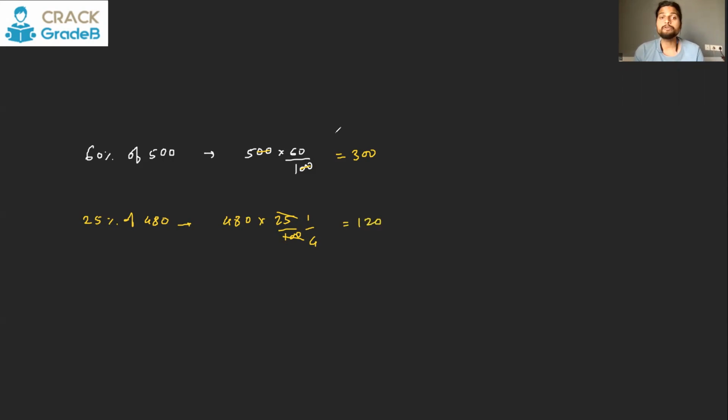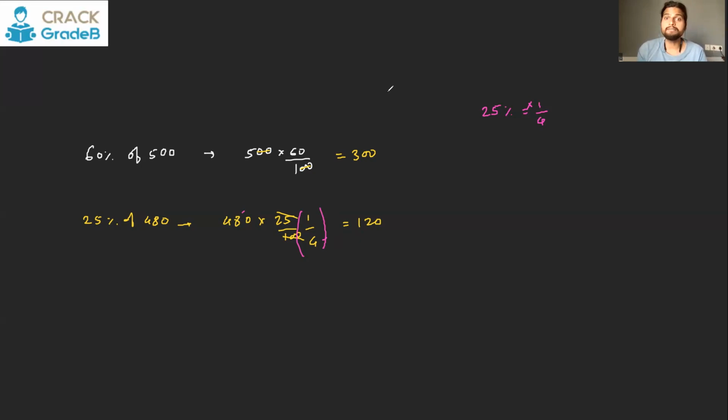But what you have to learn from here is, whenever you have to calculate 25%, you can just multiply a number with 1 by 4, or you can just divide a number by 4, because 25% means a quarter or 1/4. So now onwards, just remember the fraction of 25%, which is 1 by 4. That means calculating 25% is multiplying a number with 1 by 4. That will make it very easy to calculate 25%.